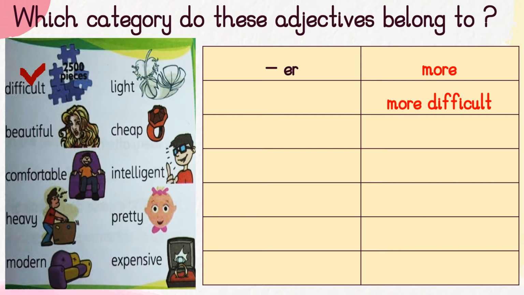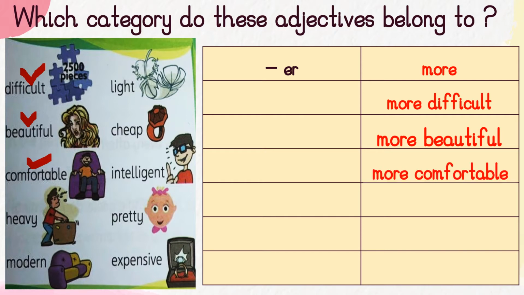Alright? So next one, how about beautiful? Do we have beautifuler or more beautiful? How many syllables here? Yes, 3 or more syllables, so it comes here. More beautiful. How about comfortable? Yes, very good.